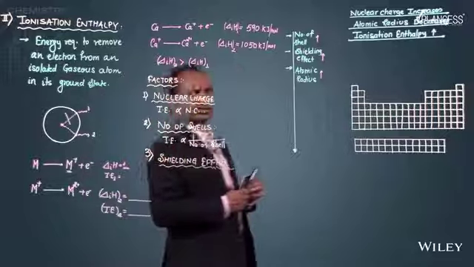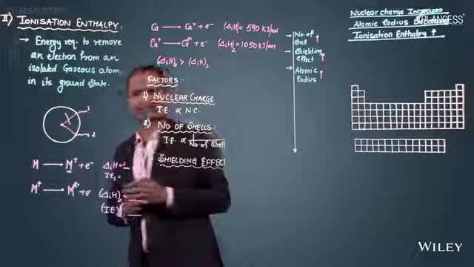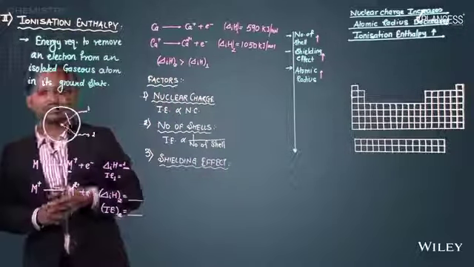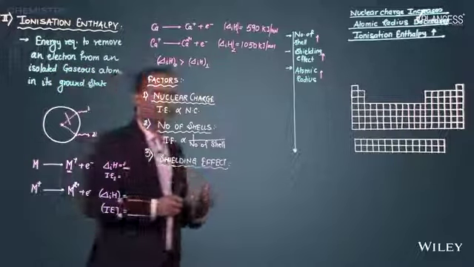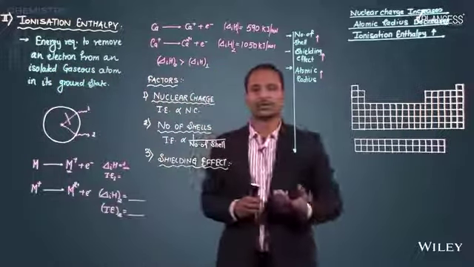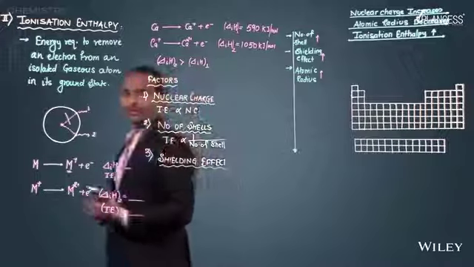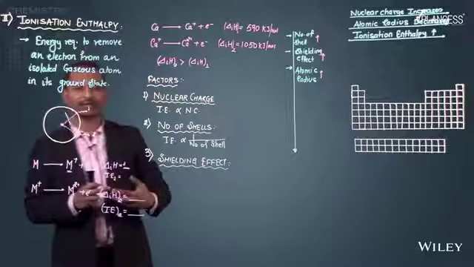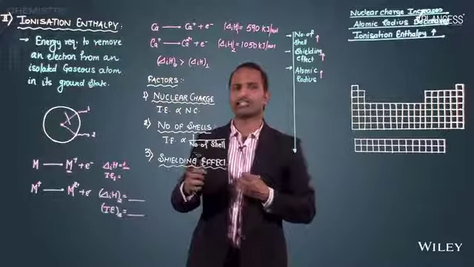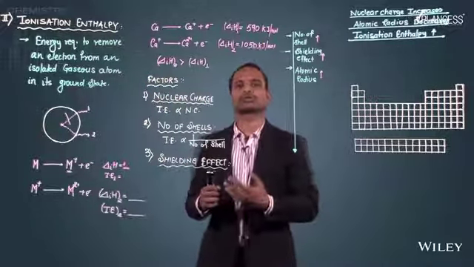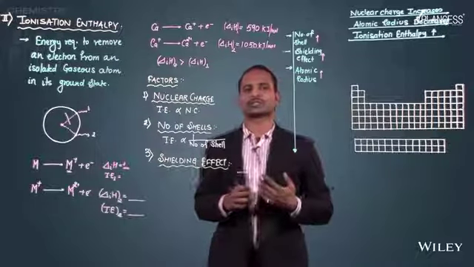We had already learned about the shielding effect. The shielding effect is a repulsion produced by the inner shell electrons on the outermost shell electron. In a multi-electron atom having more than one shell, the electrons present in the inner shells always produce a repulsion on the outermost shell electron because of the same charge.